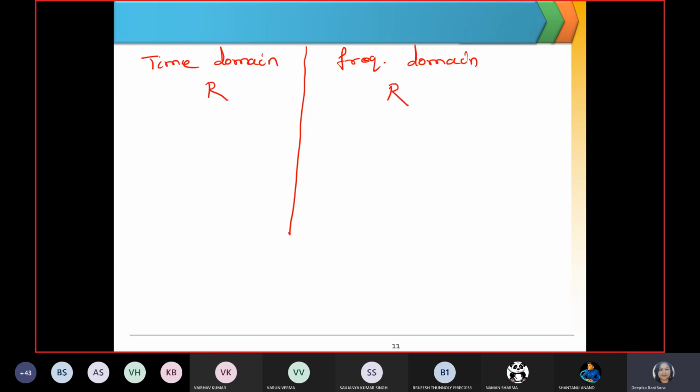R is the same for both cases. For L, in the time domain it is L, but in the frequency domain L is represented as SL, where S is J omega, so J omega L. Similarly, C is C in the time domain, but in the frequency domain it is 1 by SC.